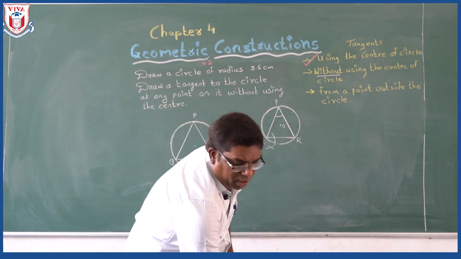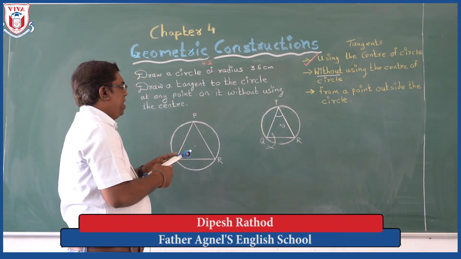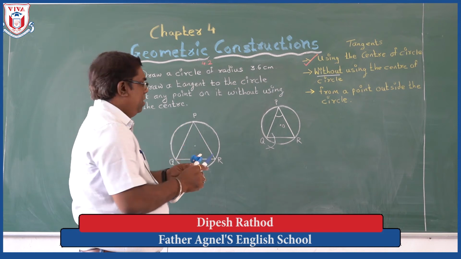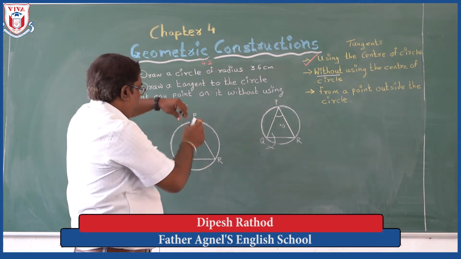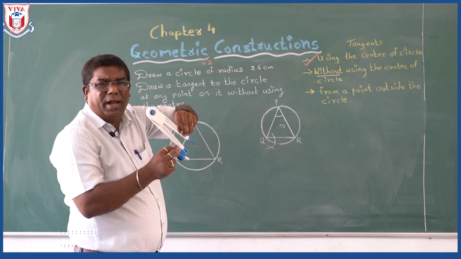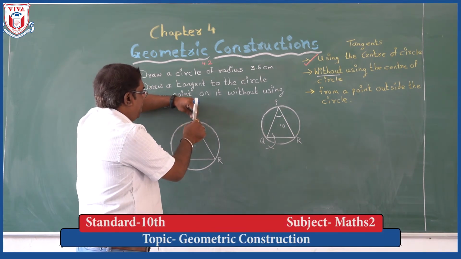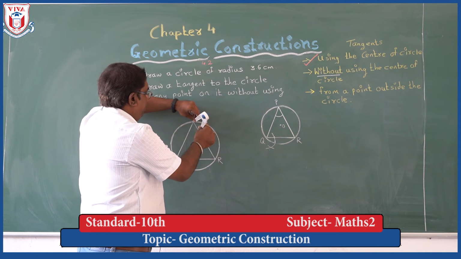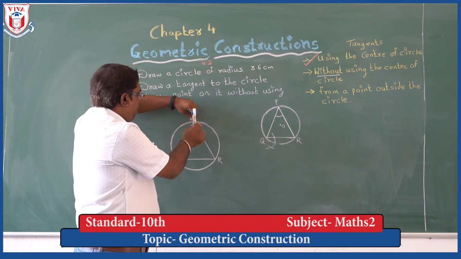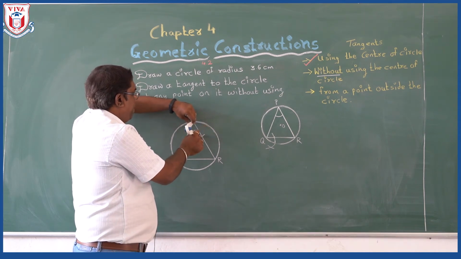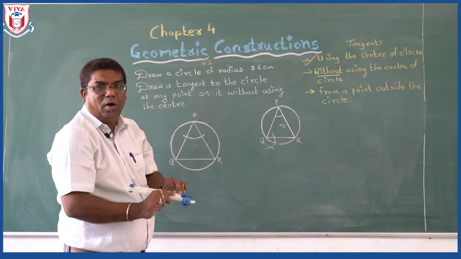But the main concept is to draw a tangent. First of all, go with a simple arc. Take any measure. If you take a smaller one, it will give you some problem. Take a bigger arc, it will be better for you. But don't cross the center. Draw an arc, keep the same measure.